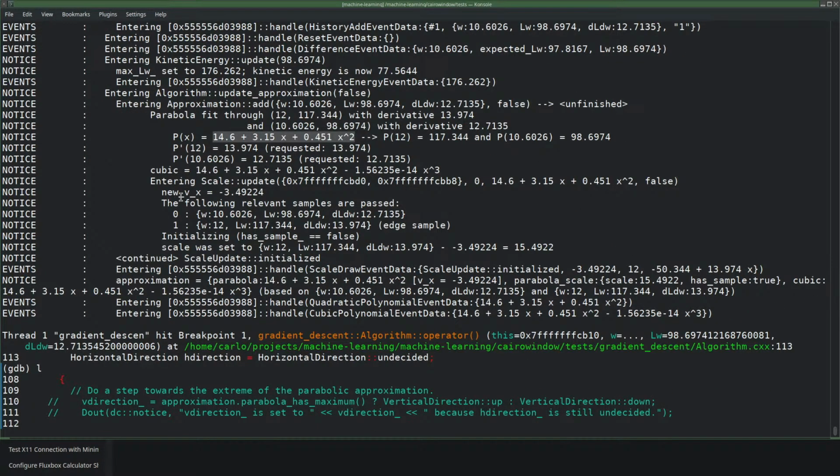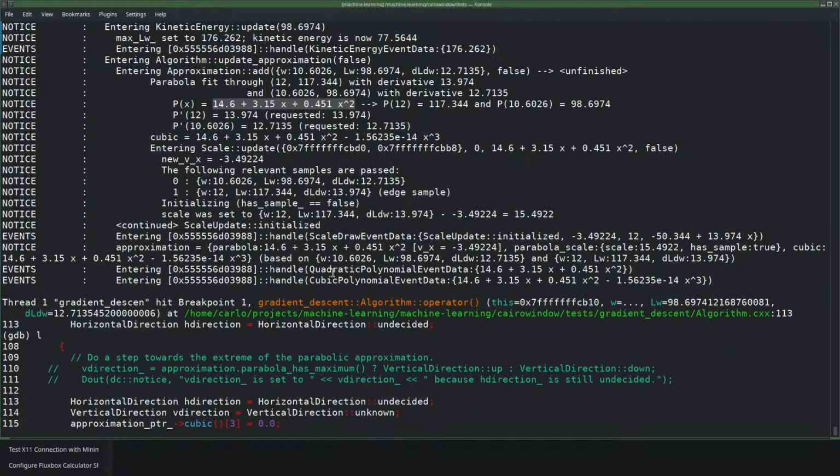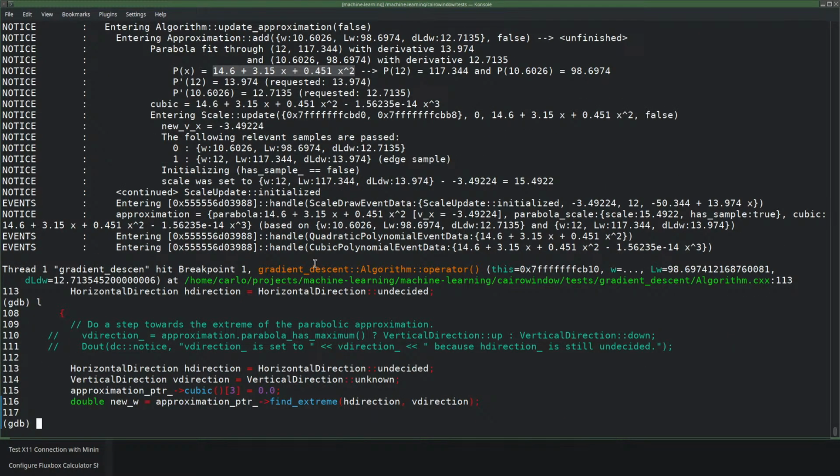And then I guess we call find extreme. All those handles are just drawing events. Here the whole approximation was done. And then we don't call find extreme yet.